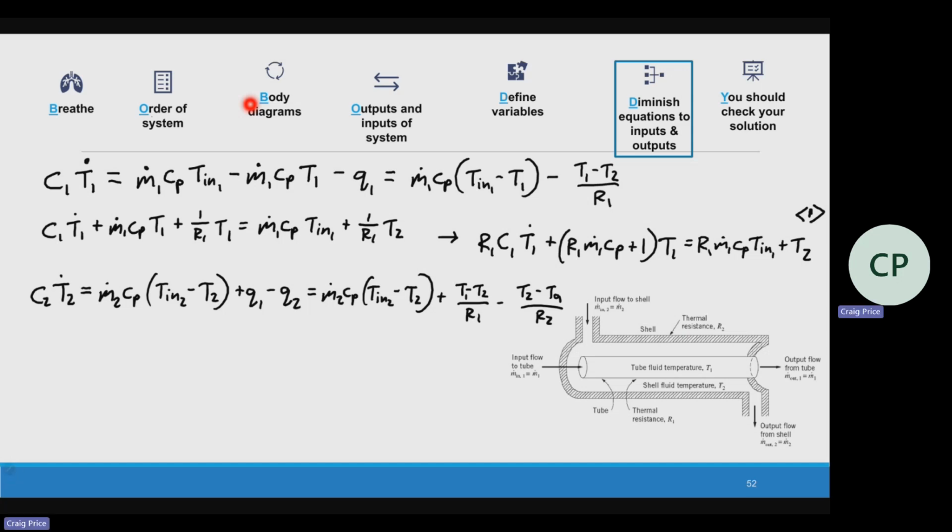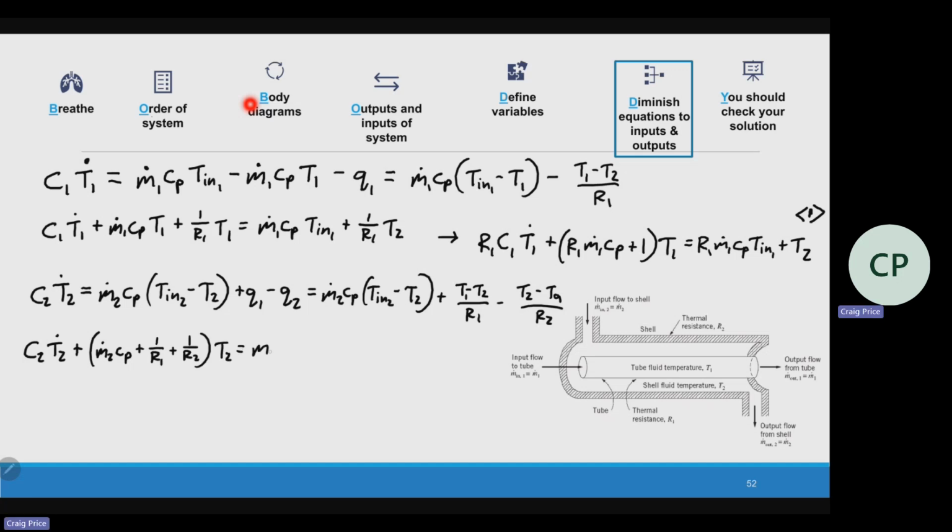And so just like with the last problem, I'm going to bring over all the T2s, and all of them are negative currently. That's great. So I'm going to add them to the other side. So we get C2 T2 dot plus M2 dot specific heat plus 1 over R1 plus 1 over R2 times T2.